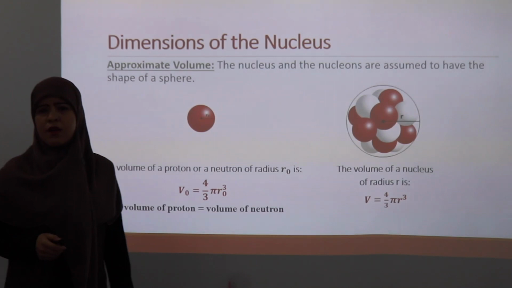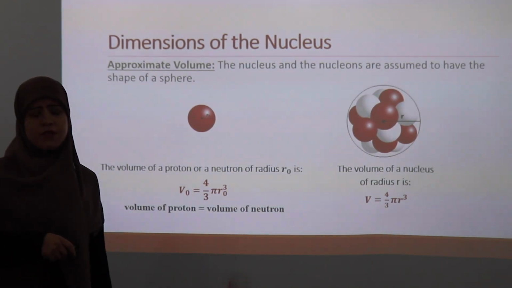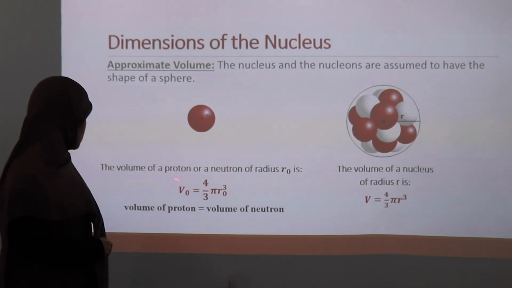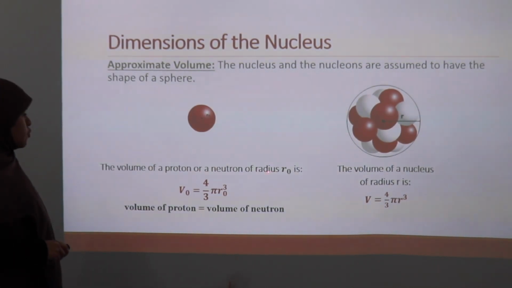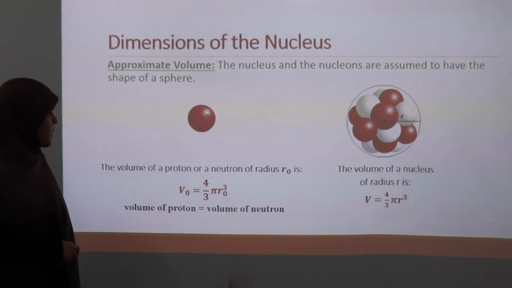And you know in math that the volume of a sphere equals 4 over 3 pi r cubed. So the volume of a proton or a neutron of radius r0 is V0 equals 4 over 3 pi r0 cubed. So the volume of the proton is equal to the volume of the neutron, since they have the same shape, volume and radius.